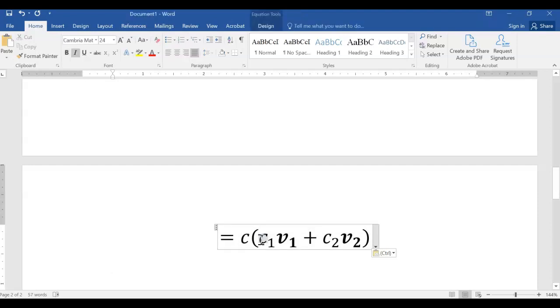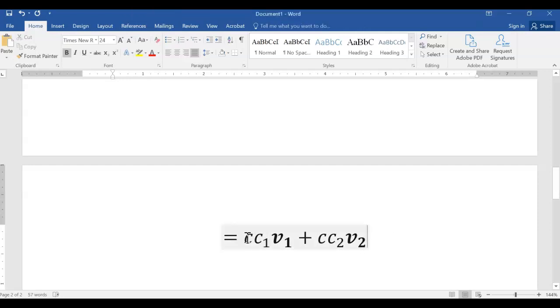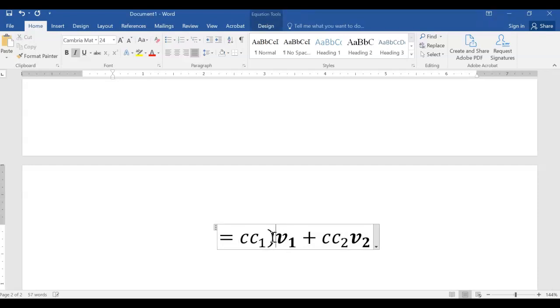We're going to distribute that c in, and all of a sudden we see that this is a scalar times my vector v1 plus a scalar times my vector v2, which is just another linear combination of v1 and v2.